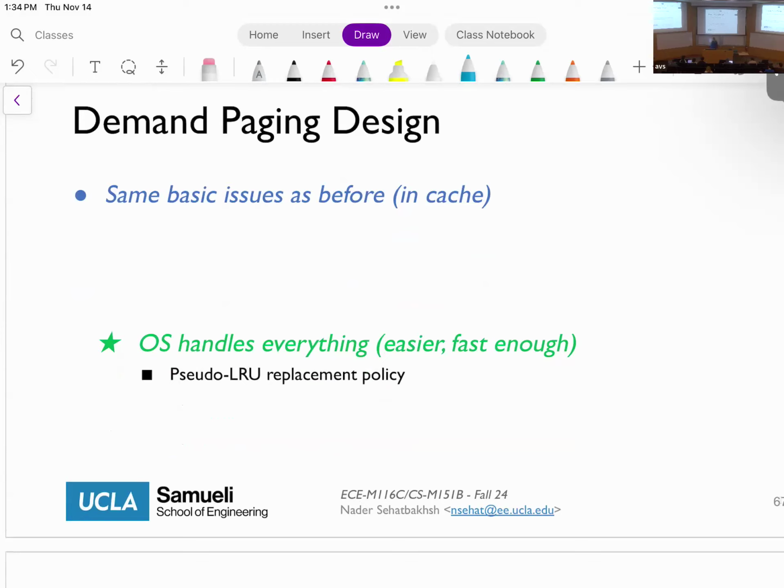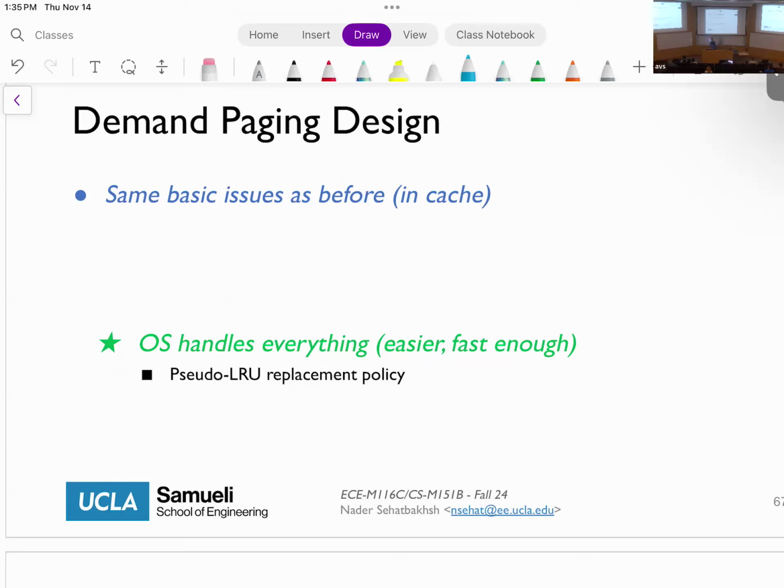And another thing to remember is that from DRAM onwards, everything, including the replacement policy and bringing data, is handled by the operating system, because this is incredibly slow. There is no need for having fast hardware to do this, okay?